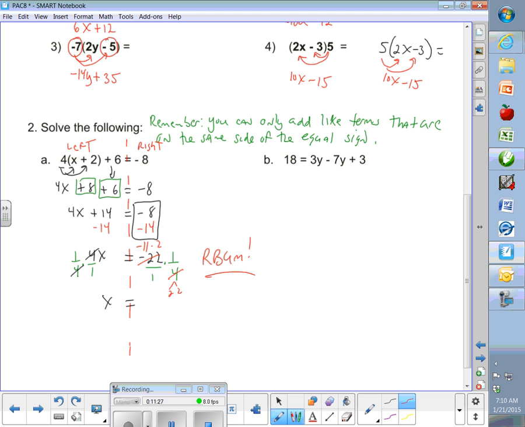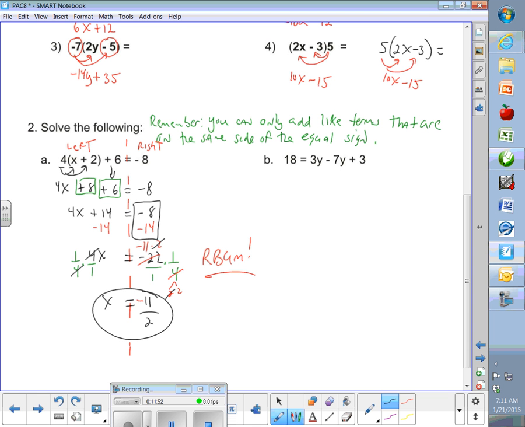We have a negative divided by a positive, so our answer better be negative. All right, so what's the top? Oh, our 2's divide out, right? So what are you left with in the top? A negative 11. What are you left with in the bottom? A 2. And our answer is x equals negative 11 halves. Okay? So you just follow it right along, all the procedures that we've learned already.